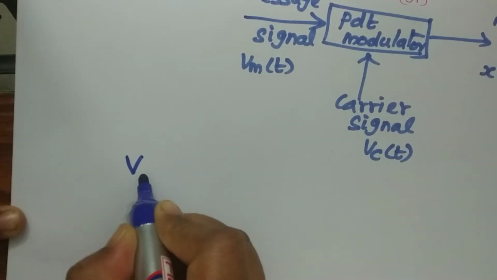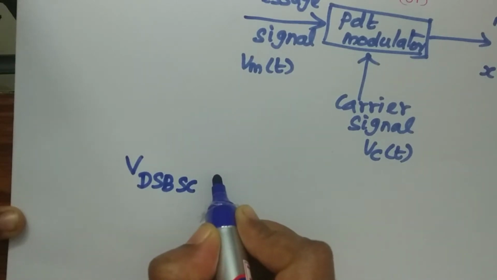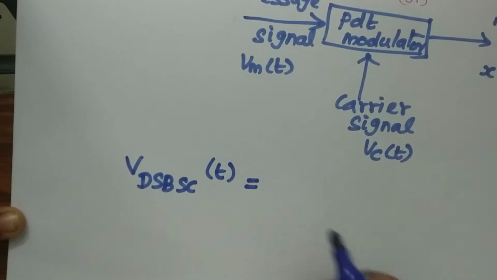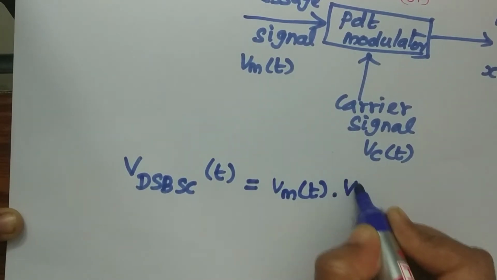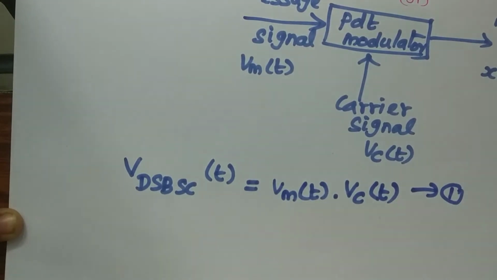So here the double sideband suppressed carrier signal is Vm of t into Vc of t. This is the first expression.